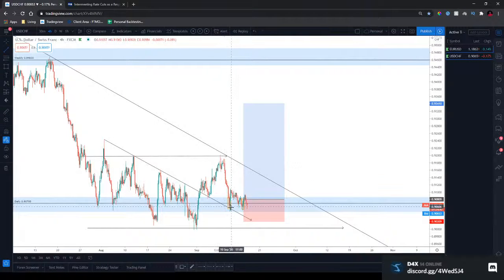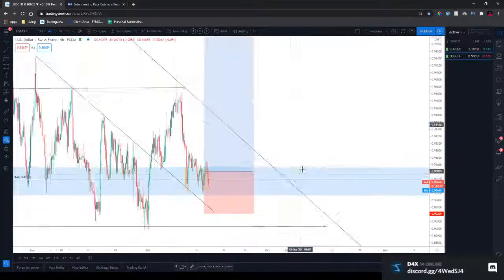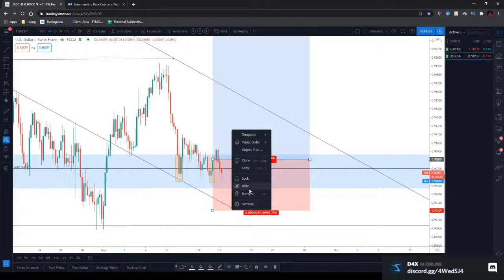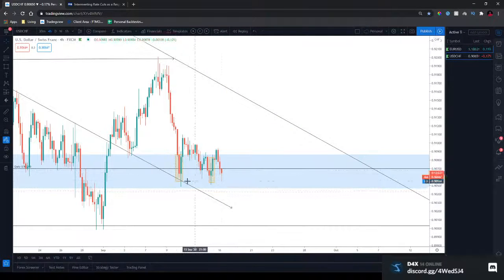Price came down to a major Fibonacci level where I entered again because we had major support here as well, support that was respected several times. If we zoom in, we can see we've actually been getting long wicks in this area as well. So I'm looking for price to reject off this area.